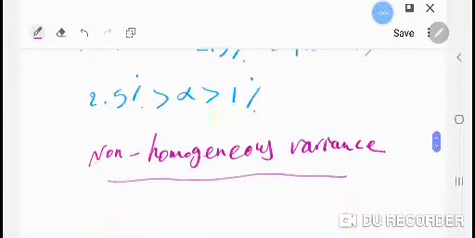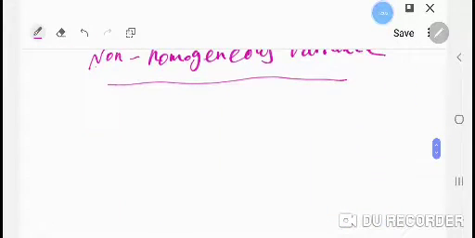To check the equivalence of S1 and S2, we can use the F-test.